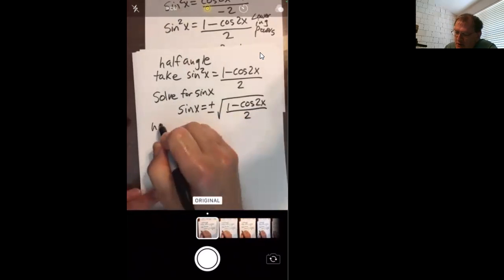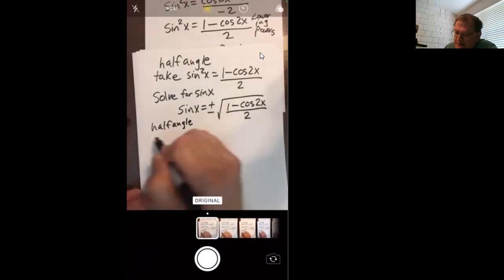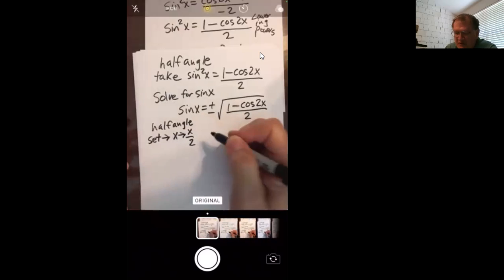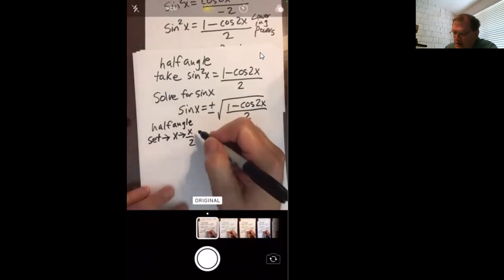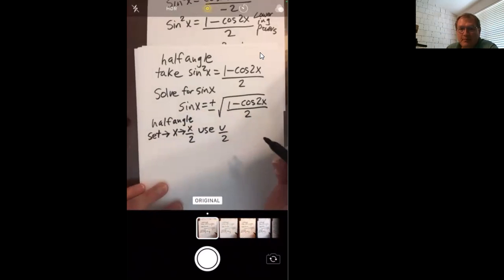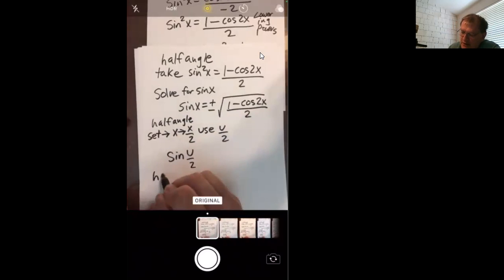So if I want a half angle, set x to x divided by 2. The book uses u divided by 2. If you want to directly match, I'll use u divided by 2. So I'm going to have a sine of u divided by 2, and there's my half angle.